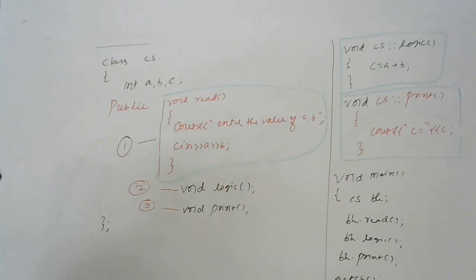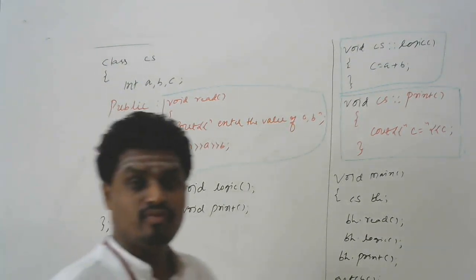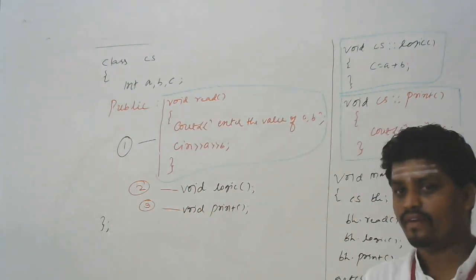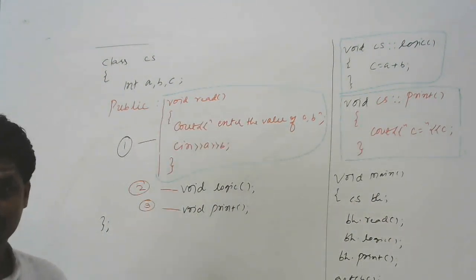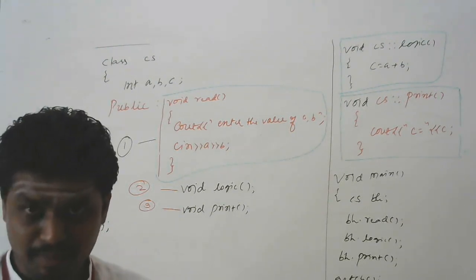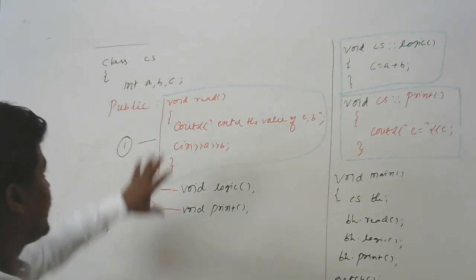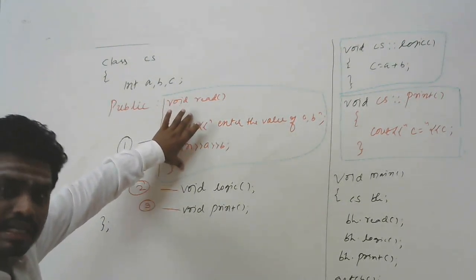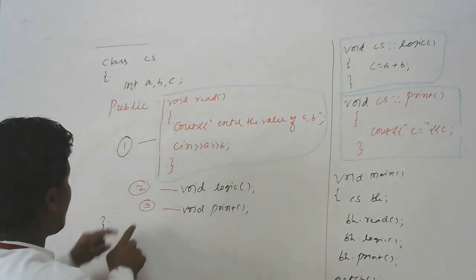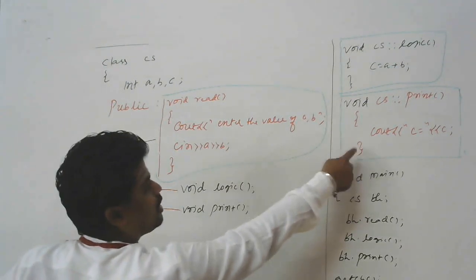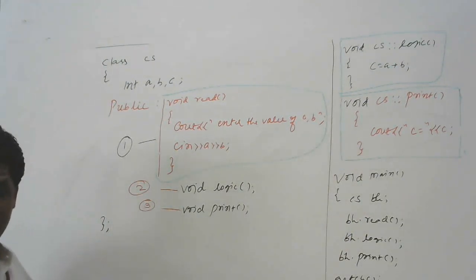In a single program, we have learned 2 different things: one is inside the class definition, another is outside the class definition. This is very important for 5 marks in your final exam. Defining a member function inside the class block is called inside the class definition, and defining a function outside the class block is called outside the class definition.